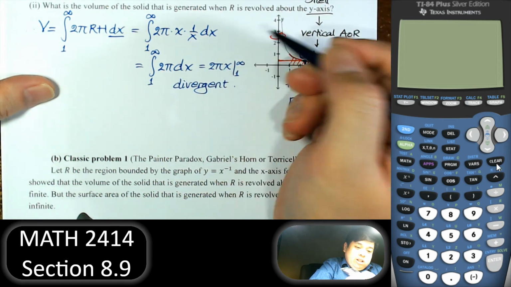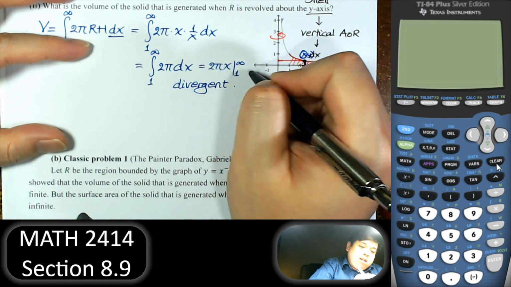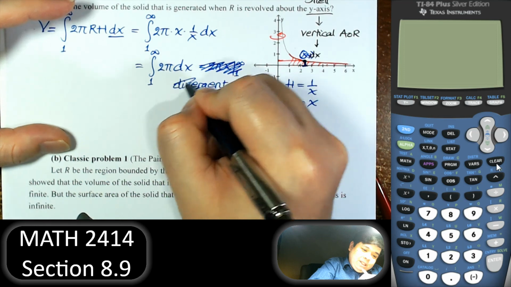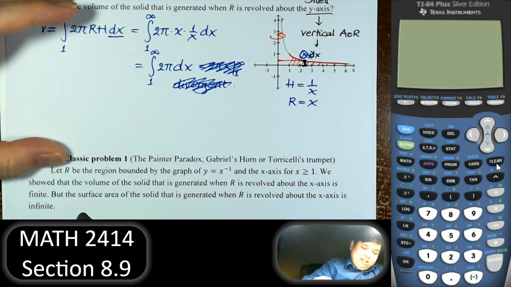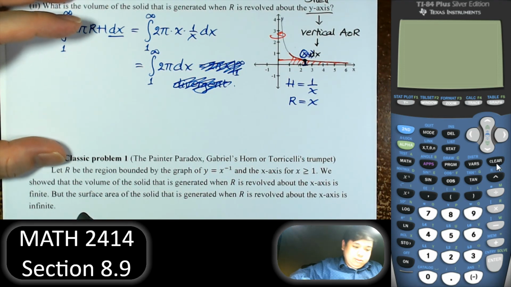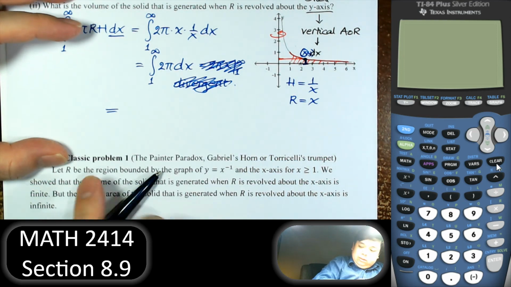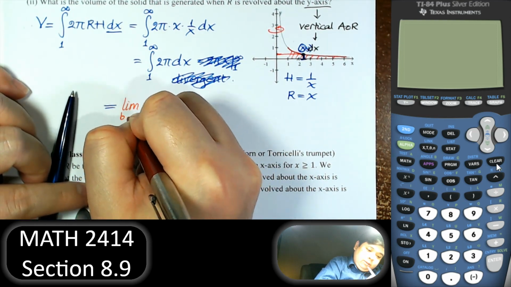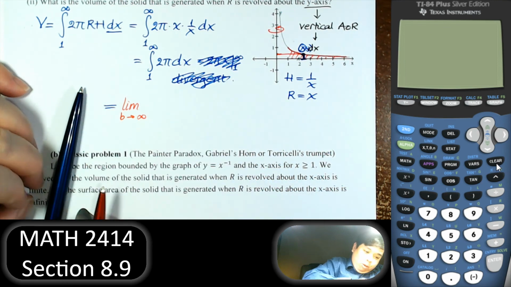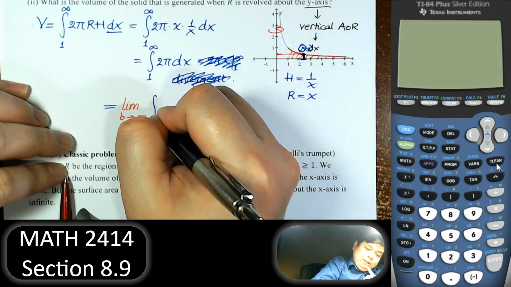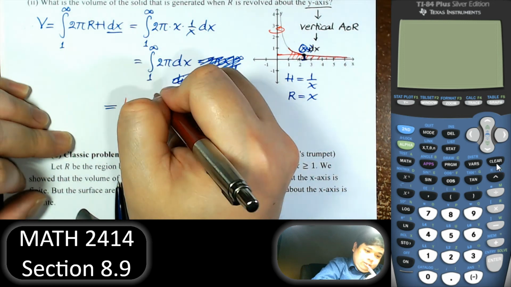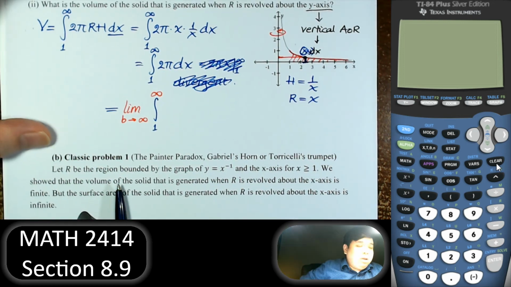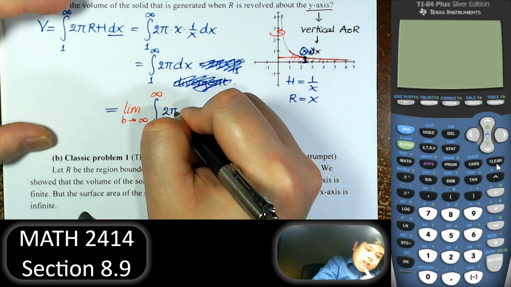Should never do this, but we know that it is divergent. Let's not do it like that. Proper notation: 2 pi dx.